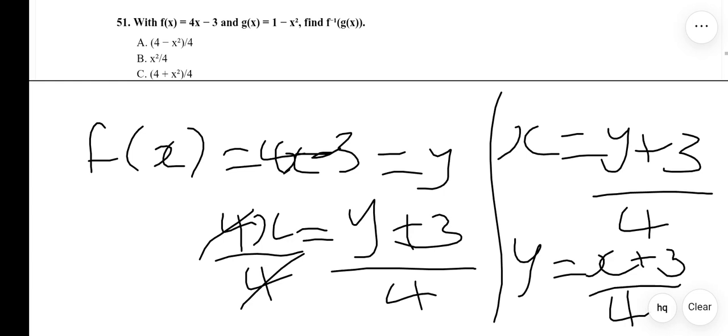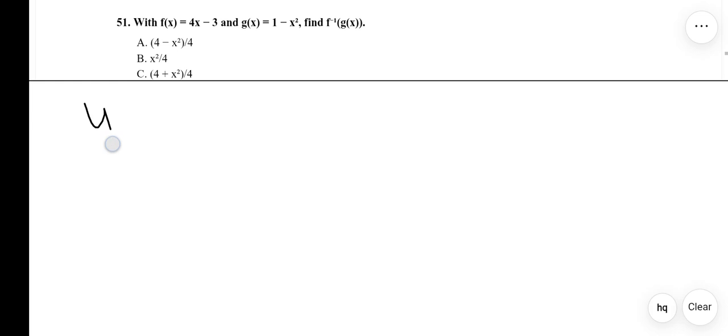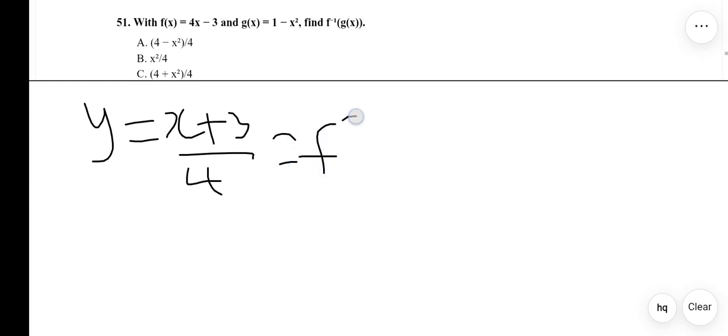So my y is equal to x plus 3 all over 4. But I've just gotten my y to be x plus 3 all over 4, and this y is just f inverse of x. I'm still looking for f inverse of g of x. So whenever I see my x, I'm going to replace it with the value of g of x, which is 1 minus x squared, this guy.